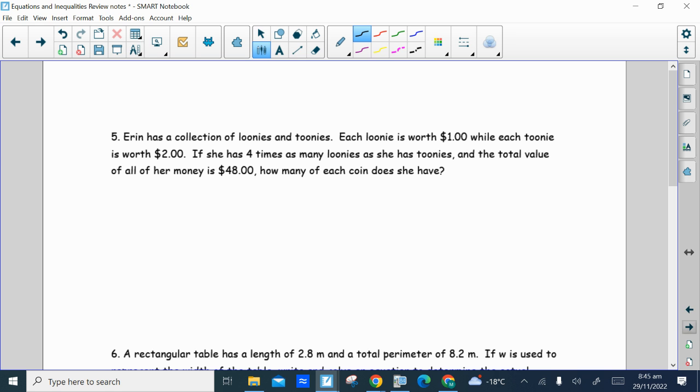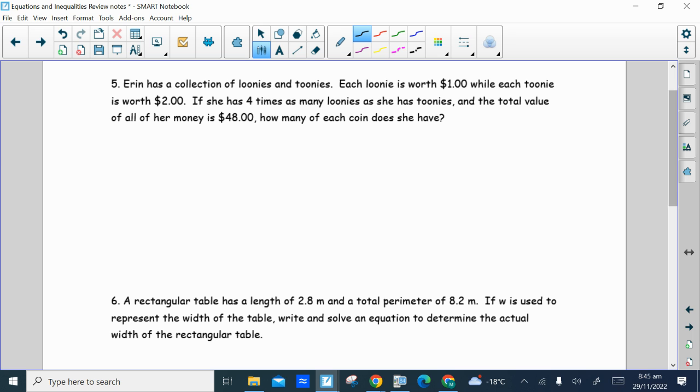So when we did questions like this, we talked about the fact that you can only have one variable in the equation. And we are told that she has 4 times as many loonies as she has toonies. The number of loonies is 4 times the number of toonies. So if I let t equal the number of toonies, then the number of loonies is 4 times that.